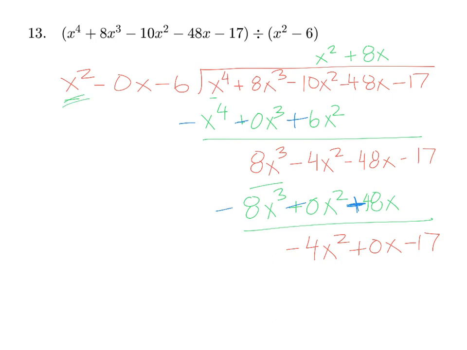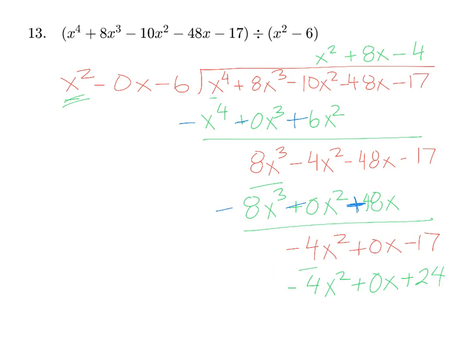All right, so x squared times what is negative 4x squared? That's going to be negative 4. All right, so multiply, and I get negative 4x squared plus 0x plus 24.